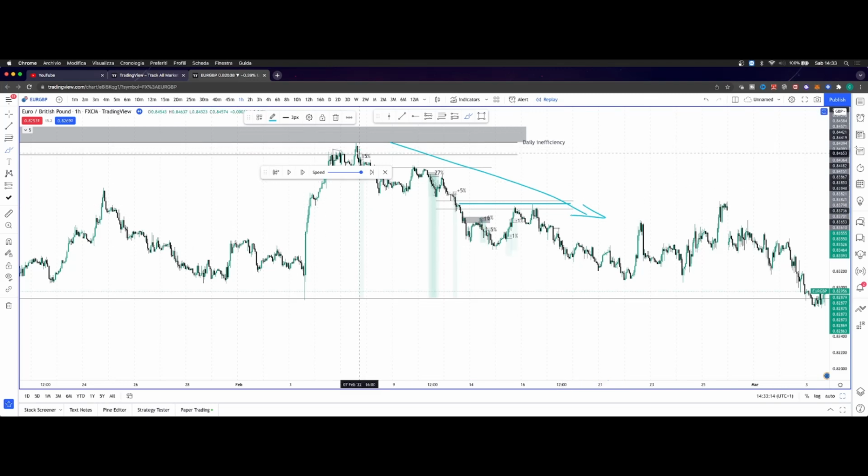So 1 day, 2 day, 3, 4, 5, 6, 7, 8, 9, 10, 11. This is a pullback, and again 12, 13, pullback, 14, 15, 16, 17, etc.